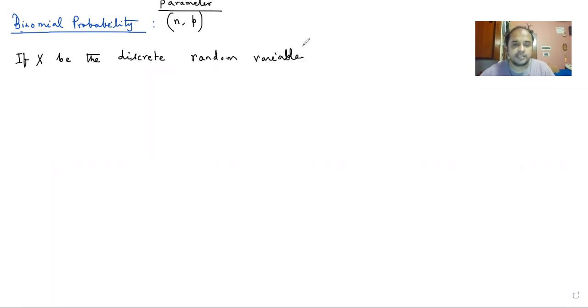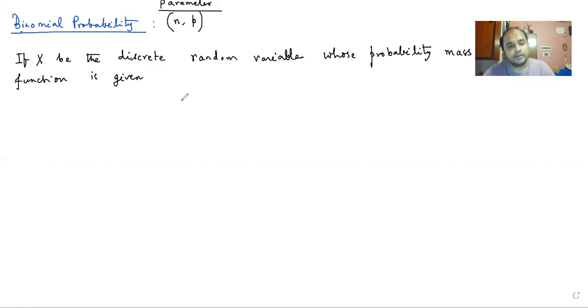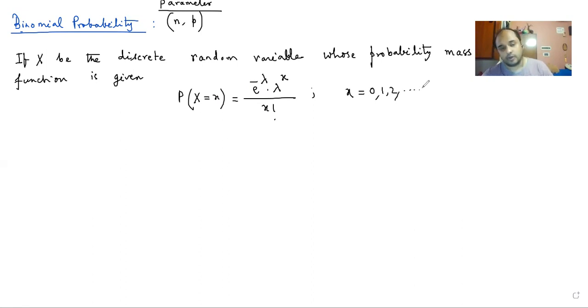If capital X is a discrete random variable whose probability mass function is given by the formula, probability of X equal to small x is equal to e to the power minus lambda, lambda to the power x by x factorial, for x equal to 0, 1, 2, and it goes on.